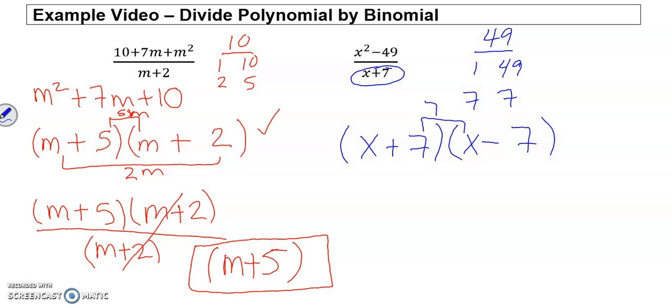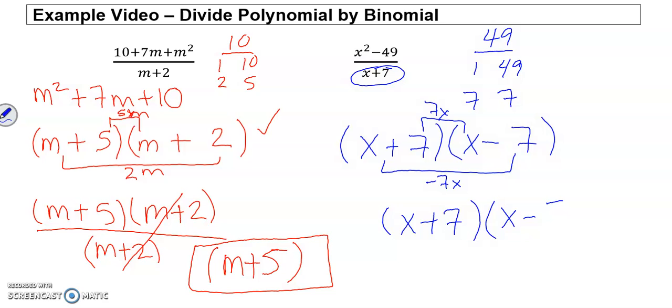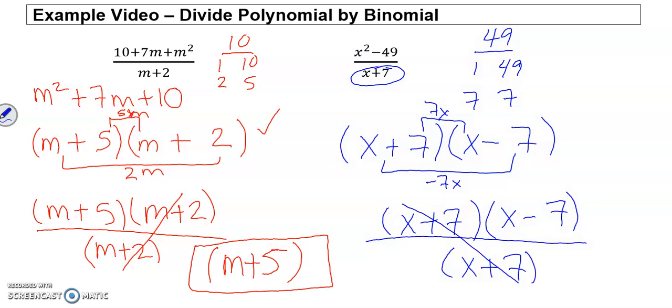So this is 7x here minus 7x here, which is 0x, which is what I wanted originally. So I'm left with x plus 7 times an x minus 7 over x plus 7. X plus 7 divided by x plus 7 is 1, so those cancel out. So I'm left with x minus 7 as my final answer.